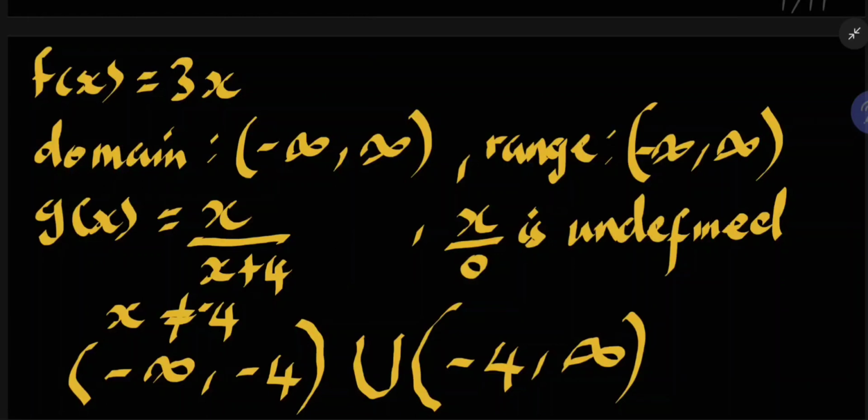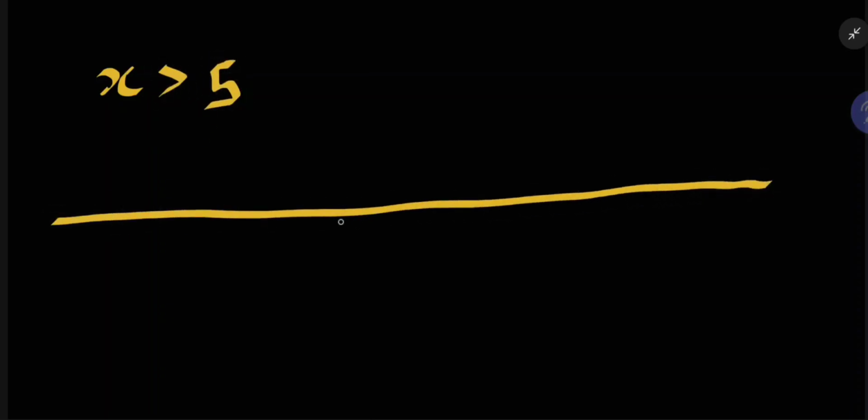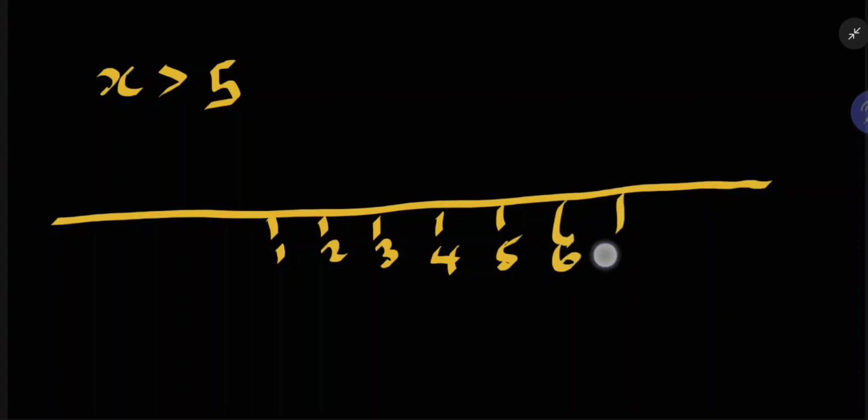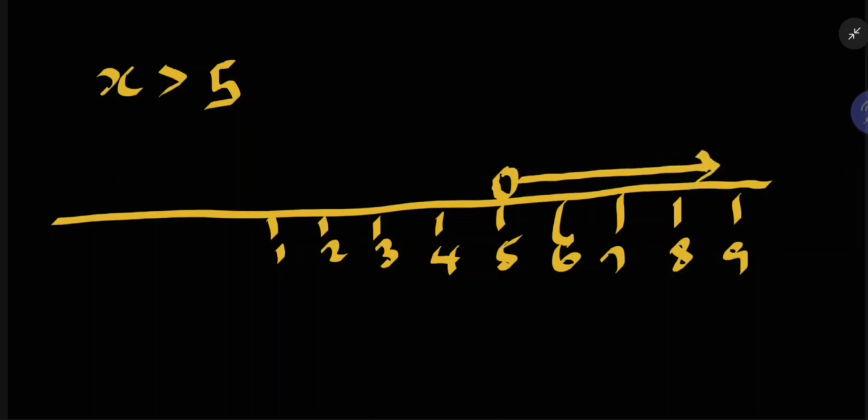This works like, you remember that topic where you expressed inequalities on a graph? Let's just talk about that briefly. So if you say x greater than 5, and this is your number line, you have 1, 2, 3, 4, 5, 6, 7, 8, 9. Okay, so for x greater than 5, that would be an open circle at 5 and then an arrow pointing to the right.